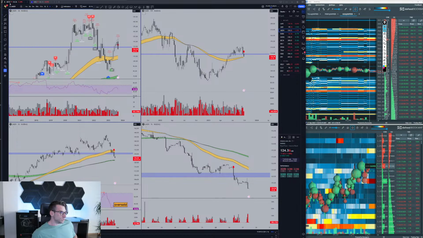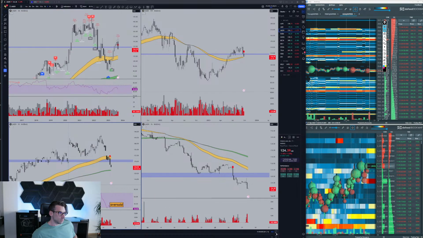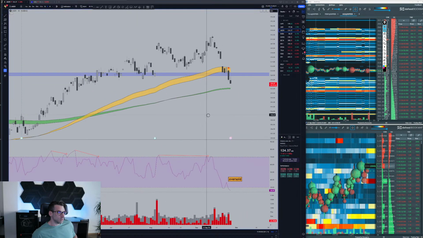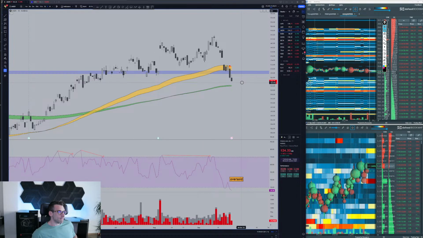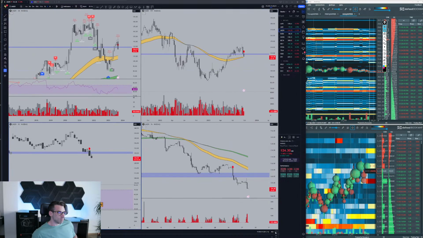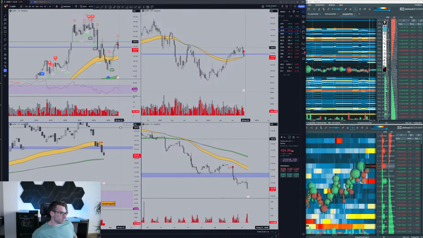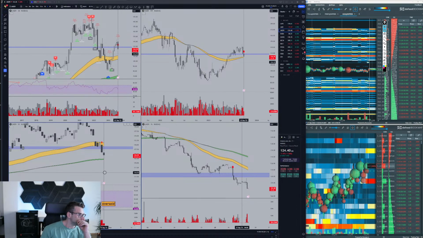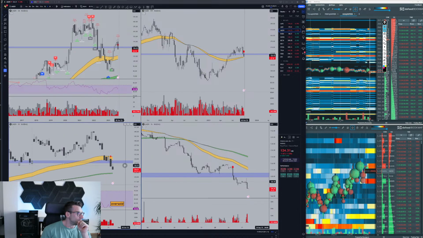Amazon had some good unwind this morning, so I will probably stall into the 122. Yeah, I'm expecting over here a support and a target 122 on Amazon.